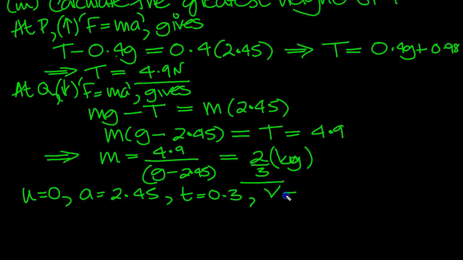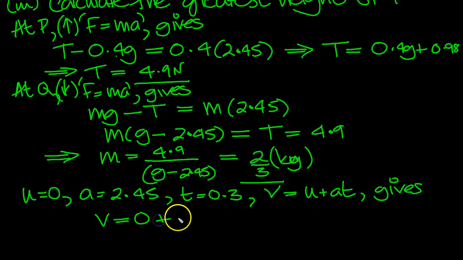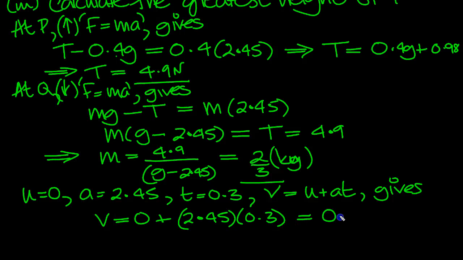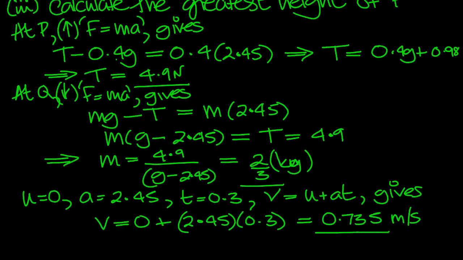So v equals u plus at gives, so the final velocity then is equal to 0 plus 2.45 times 0.3. Put it in the calculator. 0.735 meters per second. So there's the velocity of Q on impact.